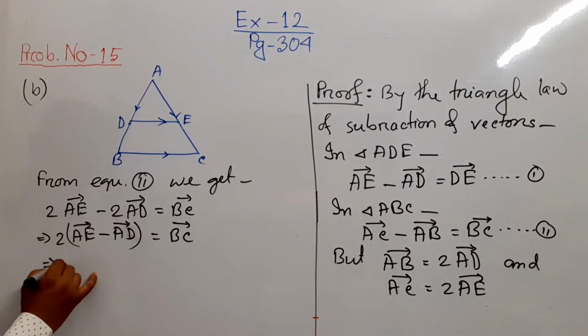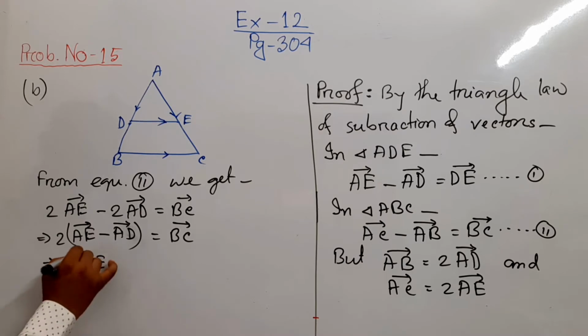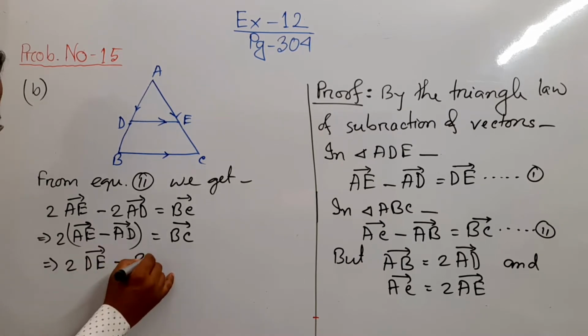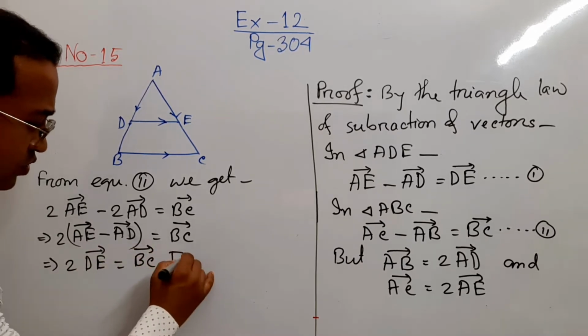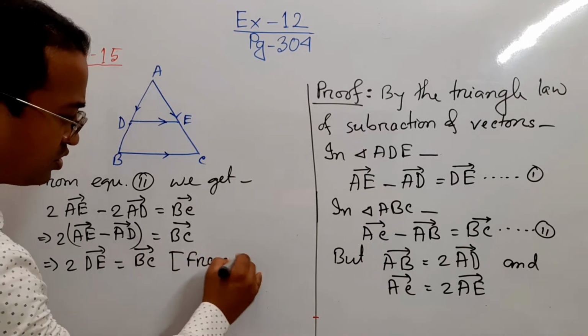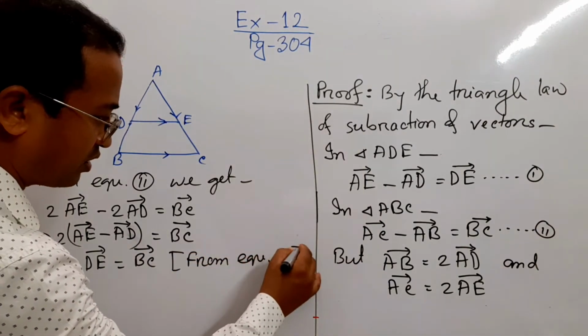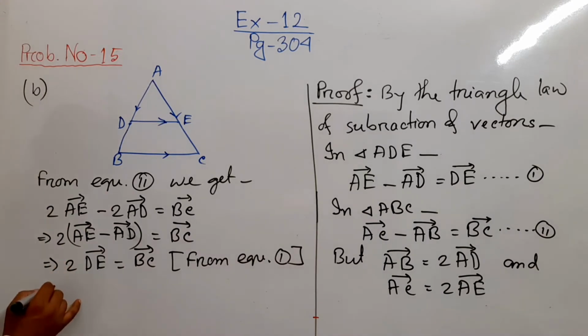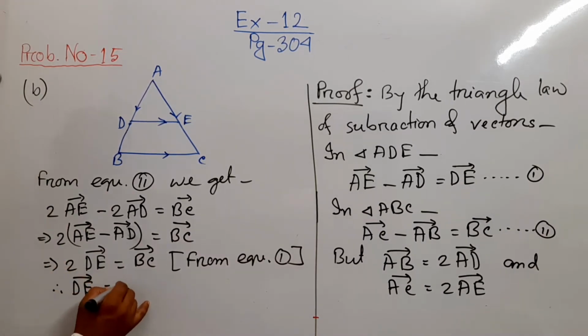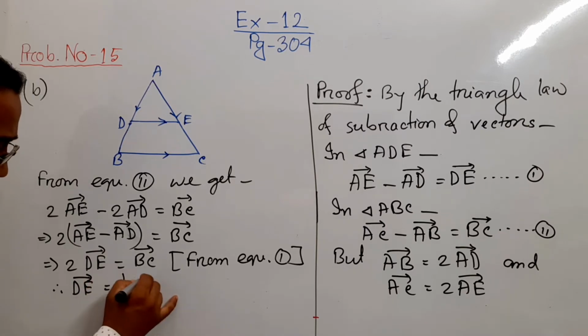So we can write 2DE equal to BC. That means DE is equal to half of BC.